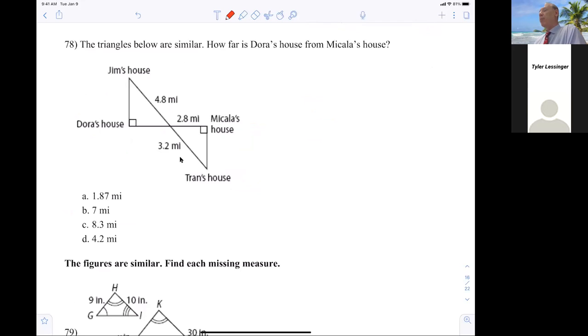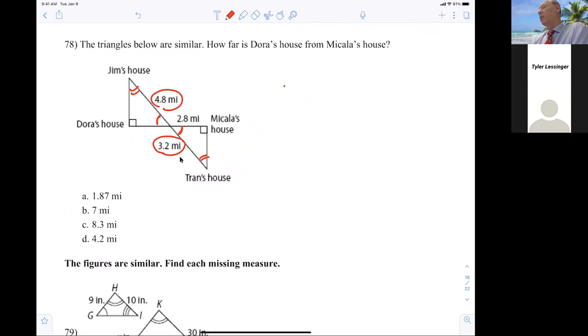Now the same kind of principle here. All right. So this angle right here, please watch, is equal to this angle, which means this angle has to be equal to this angle. You see, it's kind of the same principle here. So 3.2 over 4.8.